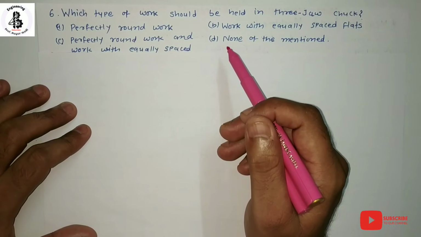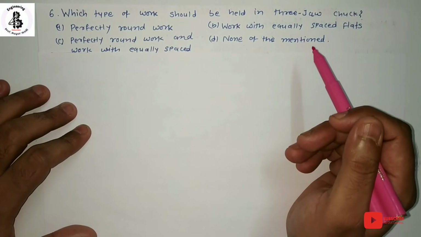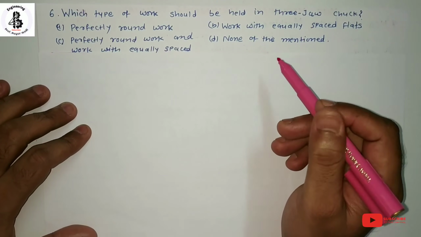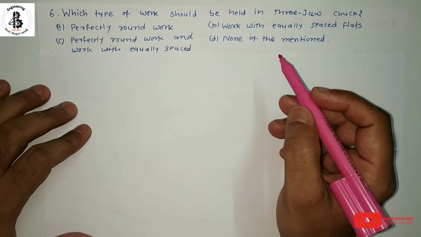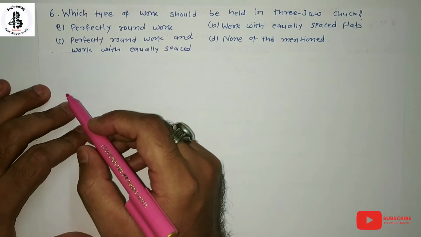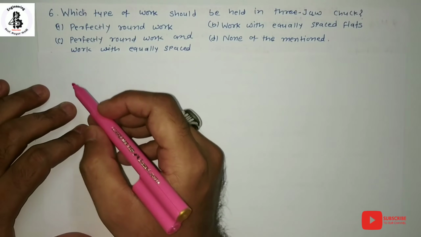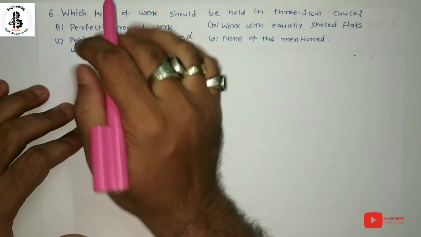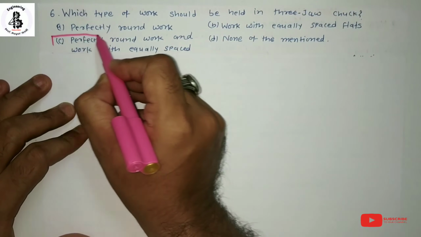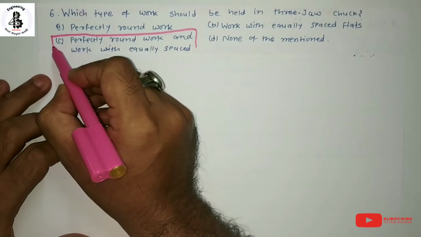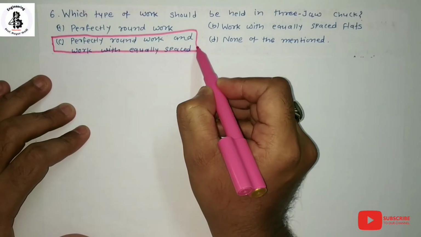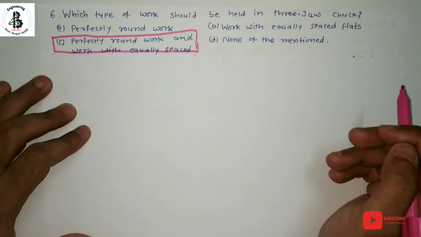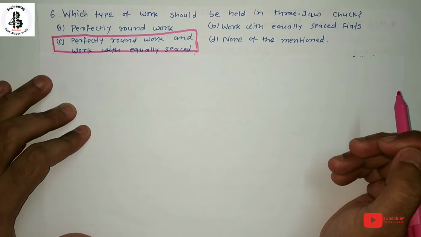And option D, none of the mentioned. Basically, a three-jaw chuck is used for holding perfectly round work and work with equally spaced flats. So according to this question, option C, both, is used in the three-jaw chuck.